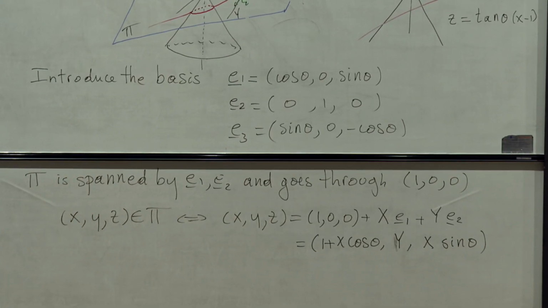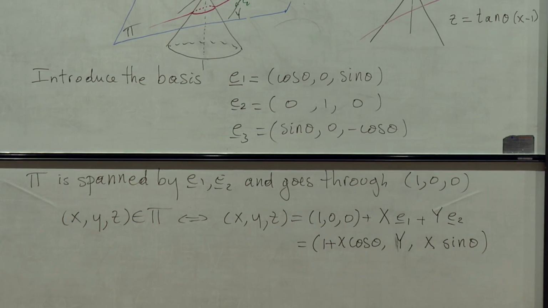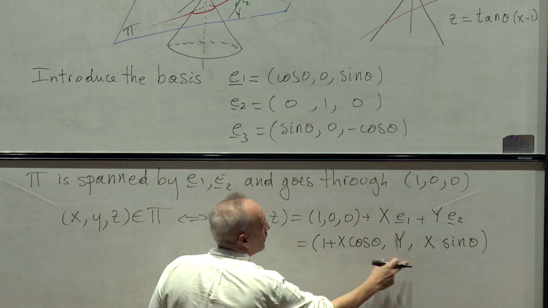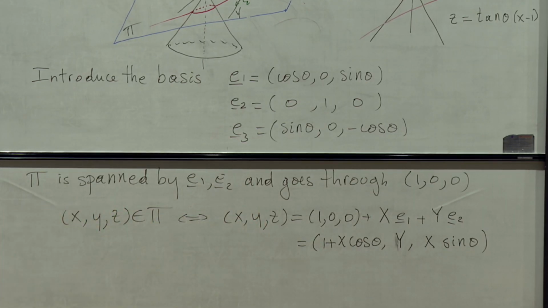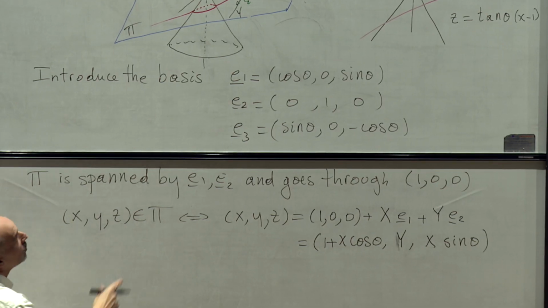So theta is a parameter. That's the angle of my plane. X and y are coordinates in that plane. And so for any given x and y, I have a point in x, y, z that belongs in the plane.